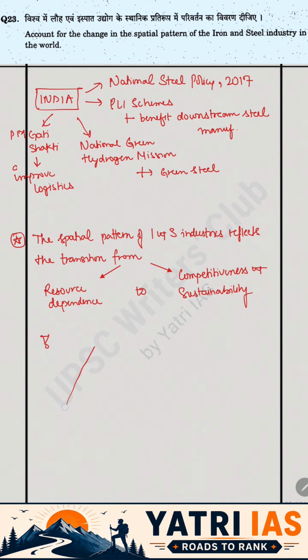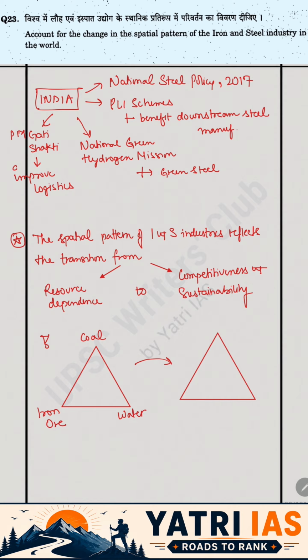For your deeper understanding, you could also mention that the locational triangle of iron and steel industry has shifted from earlier being based on coal, iron ore and water, but now this shift is more towards market, technology and sustainability. So this is the shift that we are talking about.